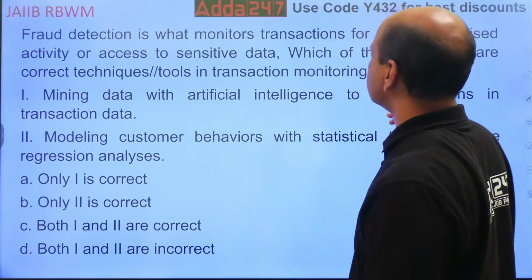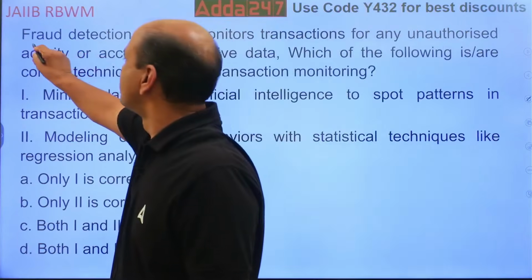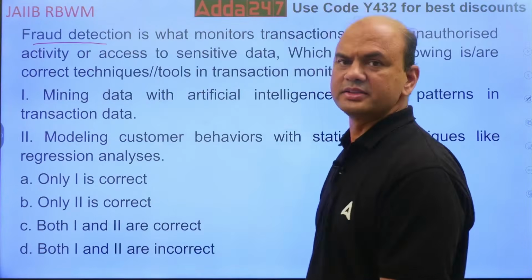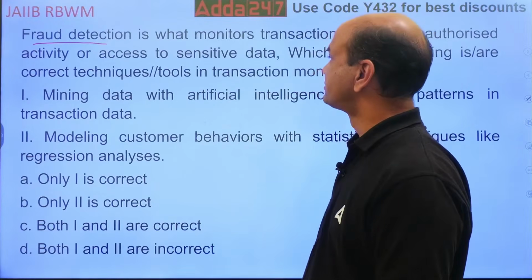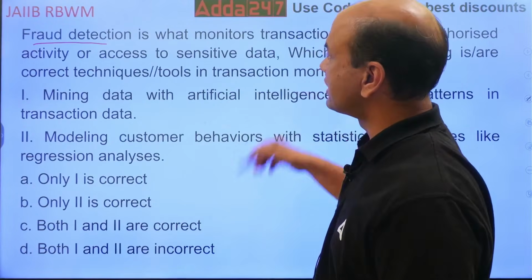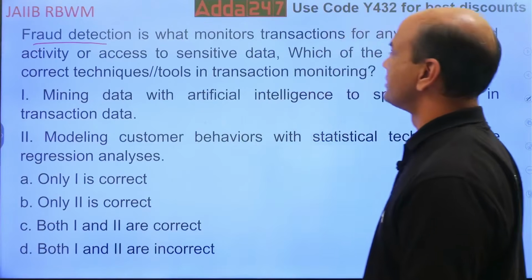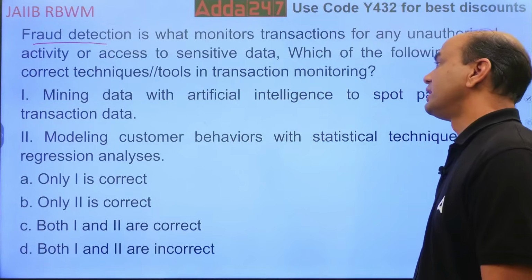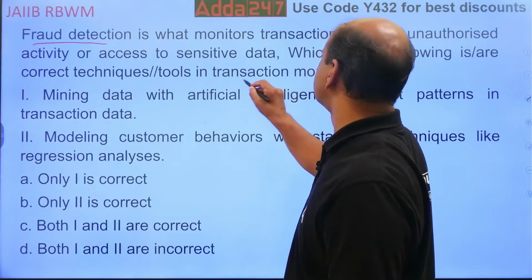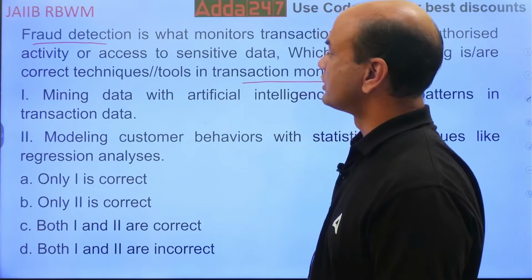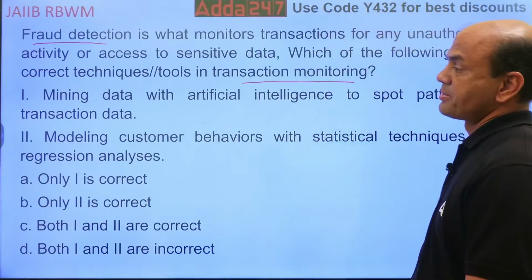Fraud detection is a major area nowadays, frauds in banking, isn't it? So we have to monitor the transactions based on the tools available. Which of the following techniques or tools are useful in transaction monitoring?